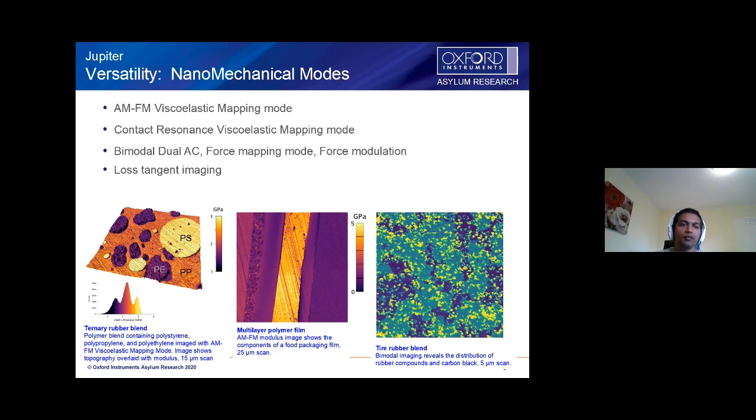Great question. So EFM measures an electric field between the tip and the sample. KPFM is a very similar technique. The difference is that in KPFM there is a feedback loop that applies a DC bias to the tip to keep the difference between the DC bias on the tip and the charge on the sample zero.